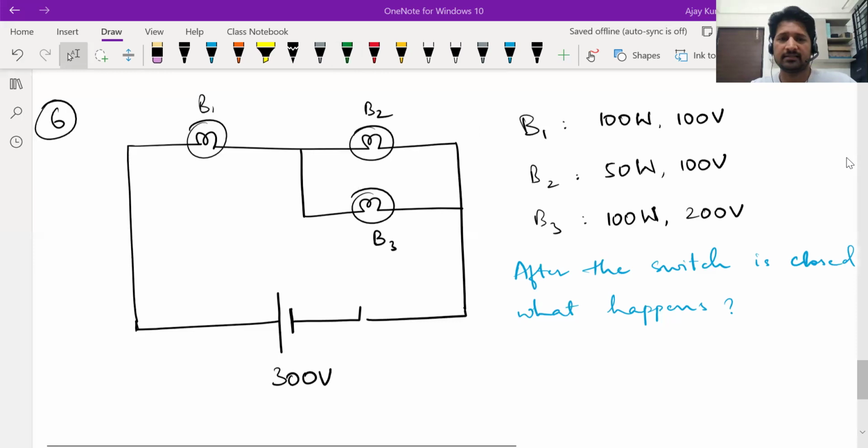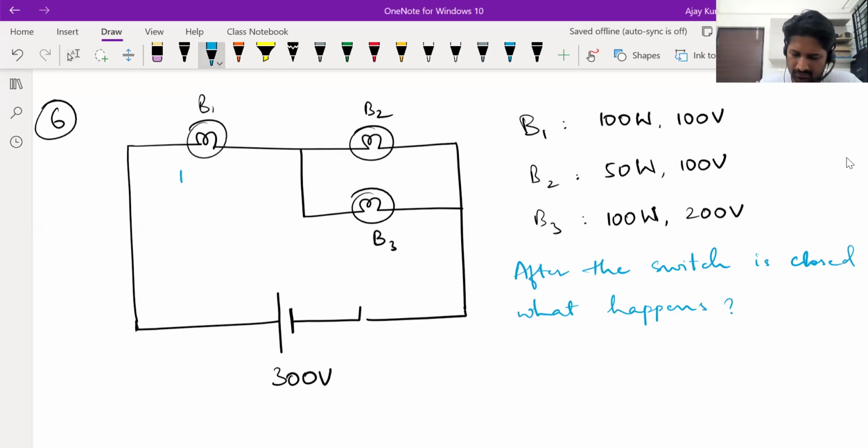Okay. Any answer? Fine. First, tell me the resistances of the bulbs. What is the resistance of B1? 100 ohms.